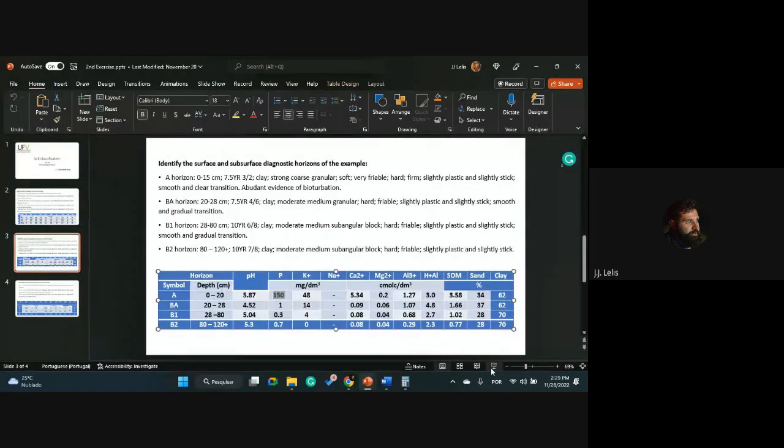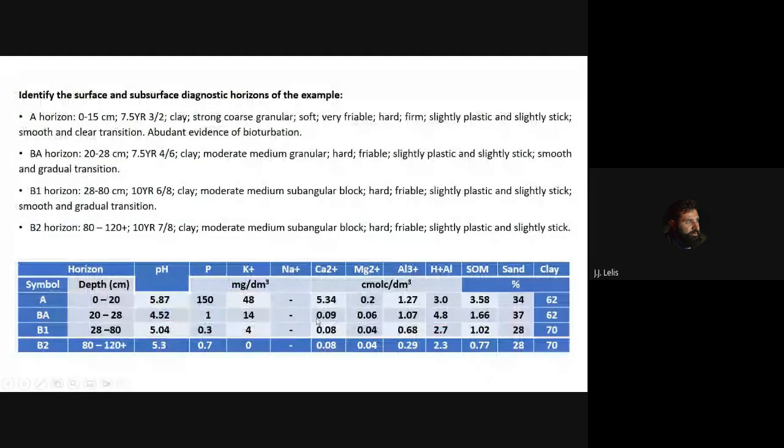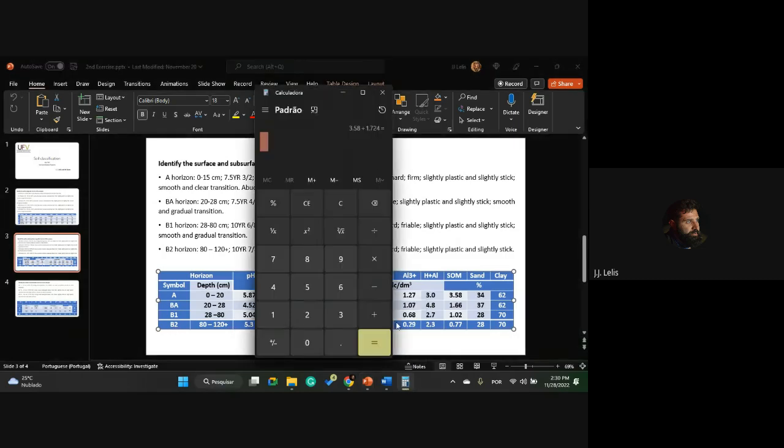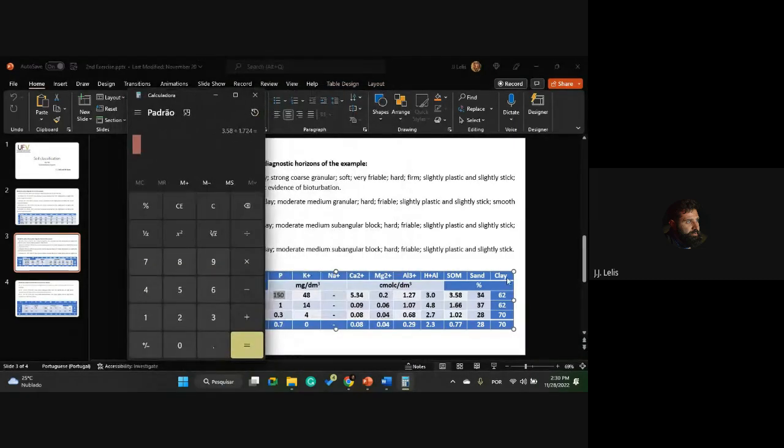In this case, we could calculate the cationic exchange capacity just by summing the calcium, magnesium, hydrogen plus aluminum, and potassium contents. Here, 5.34 plus 0.2 plus 3.